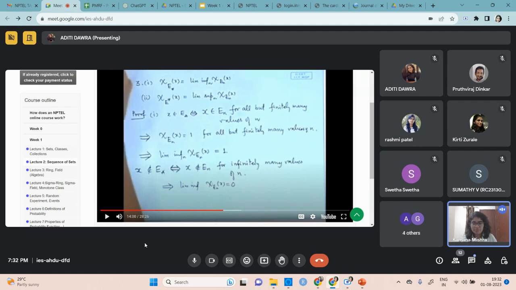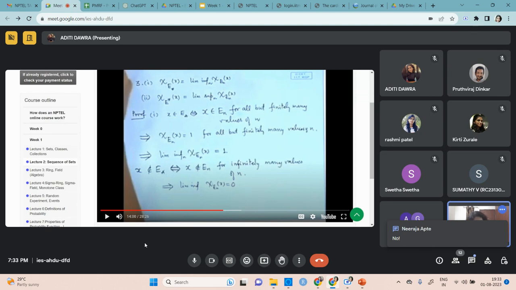Okay, so I think when X belongs to E star, that means the set of infimum, X belongs to En. That means X belongs to all the sets we are taking, E1, E2 up to En. And this is for a finite number of values, not for infinite.